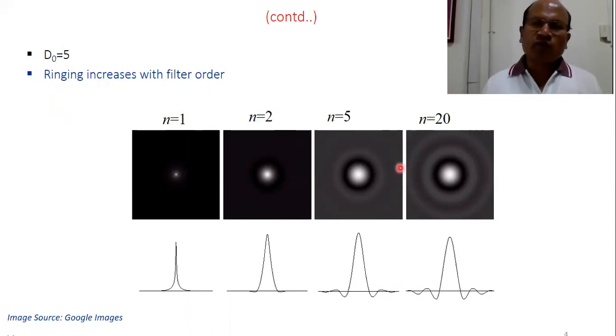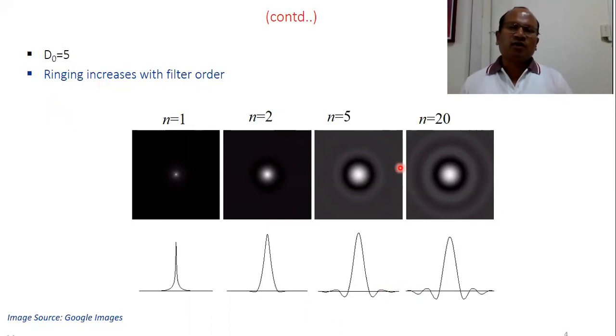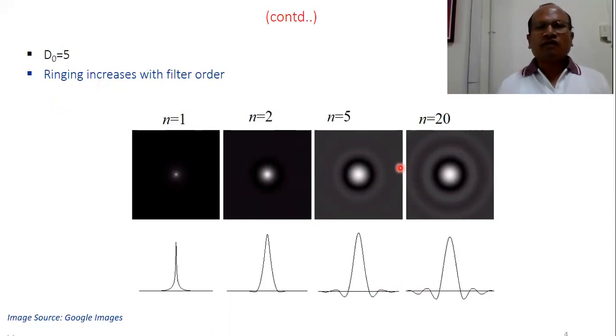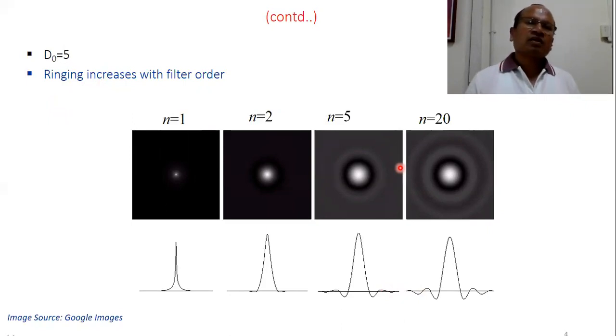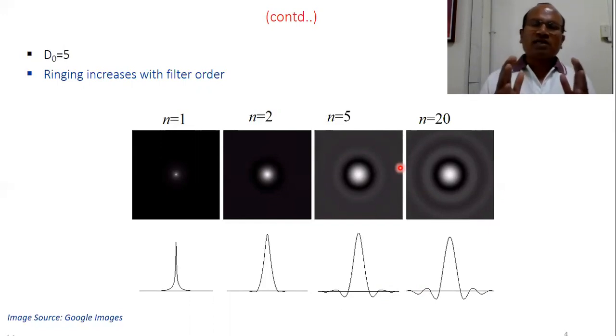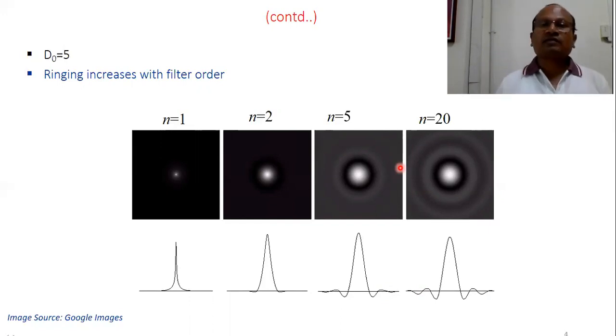Now, can you understand one thing? Can we compare this output with the output of the ideal low pass filter? The main drawback of the ideal low pass filter is the ringing effect. Ring-like structures appear in the output of the ideal low-pass filter.